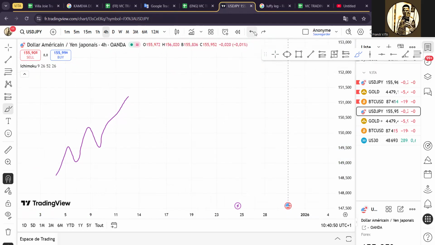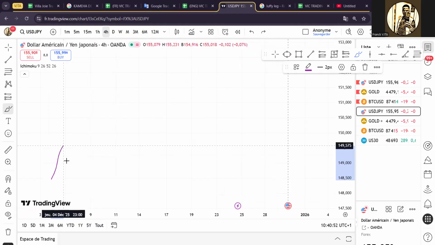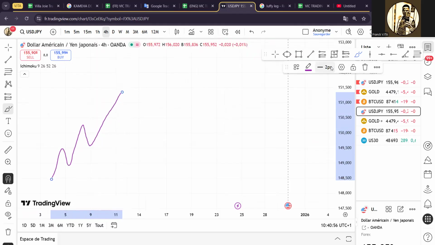So what we realize is that when the market moves to the upside this way and creates the letter M like this, you will realize that the last leg is long like this, with a lot of green candles.